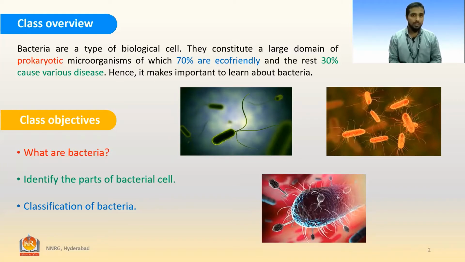So today's objectives will be, first, to identify the structure of a bacteria, understand what bacteria is, identify the various parts within the bacterial cell, and then we need to classify the bacteria based on various concepts, that is based on its nature, based on the oxygen requirements, based on its morphology, that is the appearance, and based on its anatomy. Okay, so we'll be dealing with all these in the coming slides.